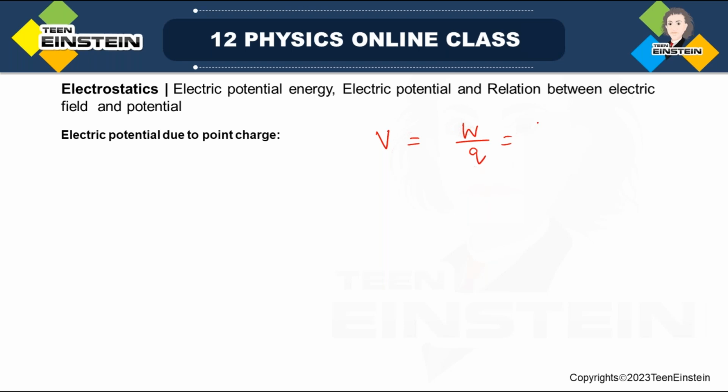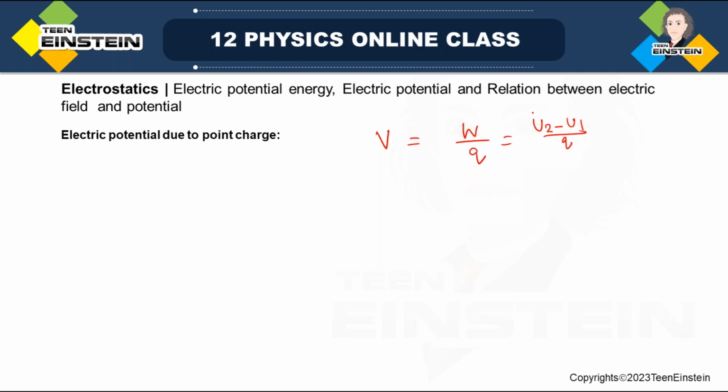Work done was the electric field into Q, that is the force, and actually that was kind of work done means change in the potential energy. Okay, change in potential energy, U2 minus U1 or U1 minus U2, divided by Q. So that was the thing.